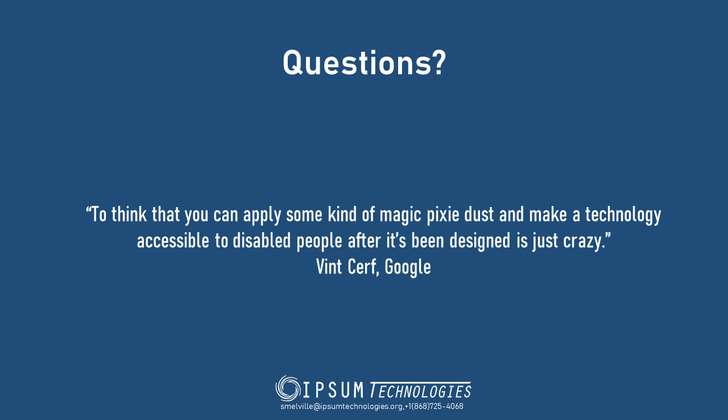And so the reason why I did this boot camp is because it takes more than just the persons with disabilities, or the policymakers, or the designers or the developers individually. It takes us collectively understanding each other so that we can define accessibility.